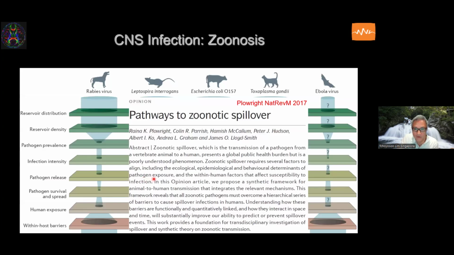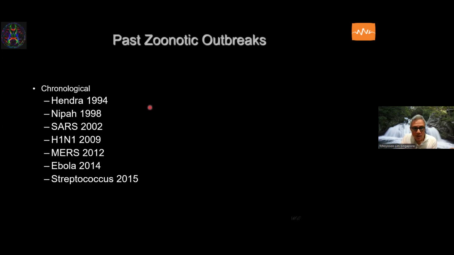The spillover effect starts with toxoplasma from cats into HIV-exposed individuals, to rabies viruses and E. coli and leptospira infection from rats. In many parts of the world, I've mentioned the Hendra and Nipah viruses, SARS.